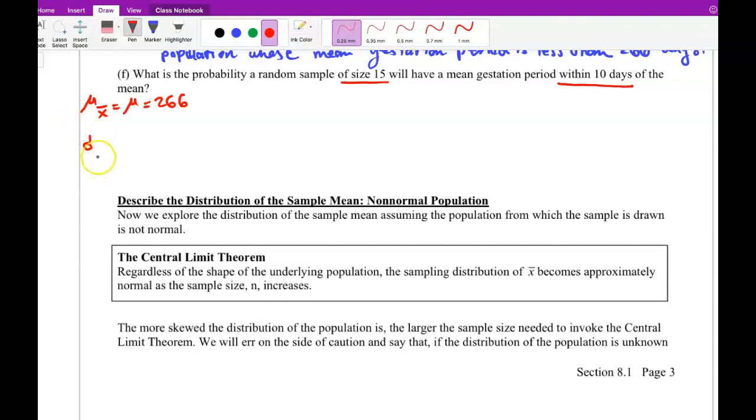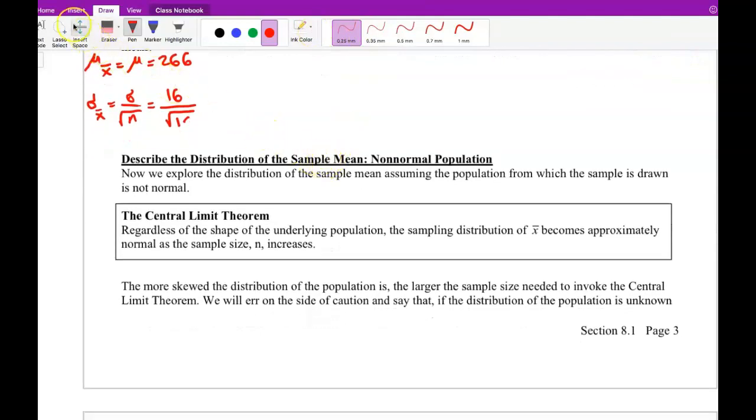Now finding the standard deviation based on the sample size of 15. The population standard deviation was 16, divided by the square root of 15, so that is equal to 4.1312.